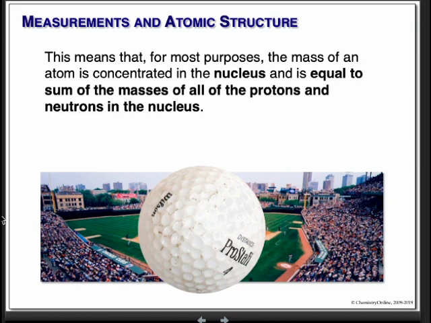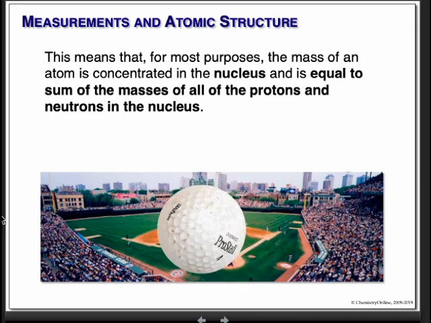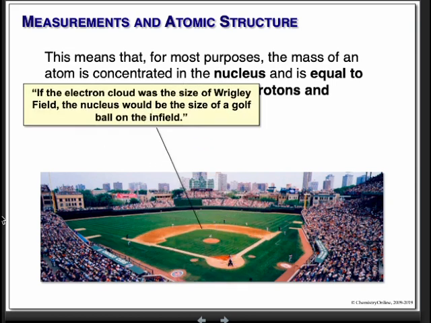If the nucleus of an atom was roughly the size of the golf ball, sitting in the middle of the infield, the electron cloud would be the entire stadium. So atoms are virtually all empty space. Everything in this teeny tiny little nucleus.